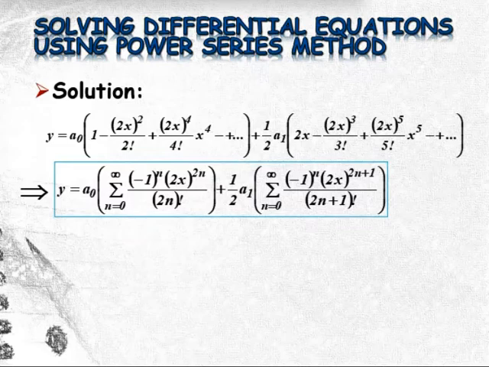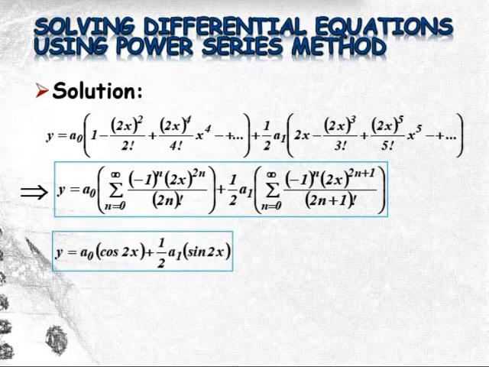That is y equals a sub 0 times the summation of negative 1 to the n times 2x raised to 2n over 2n factorial from n equals 0 to infinity plus 1 half times a sub 1 times the summation of negative 1 to the n times 2x raised to 2n plus 1 over 2n plus 1 factorial from n equals 0 to infinity. We note that the expression negative 1 raised to n shows that the series is an alternating series.